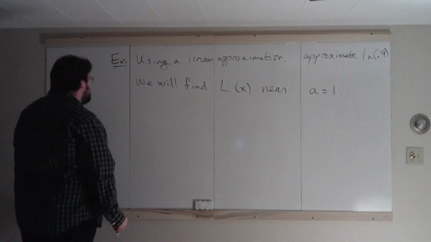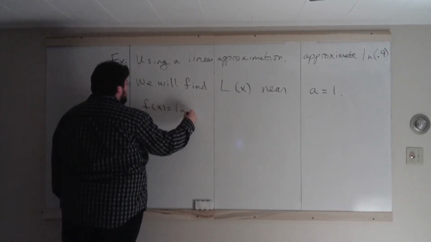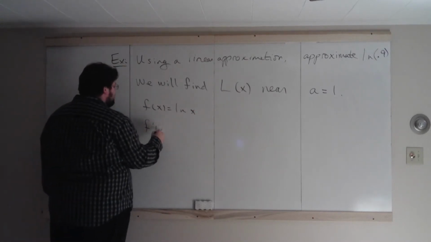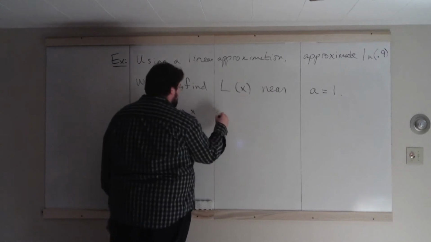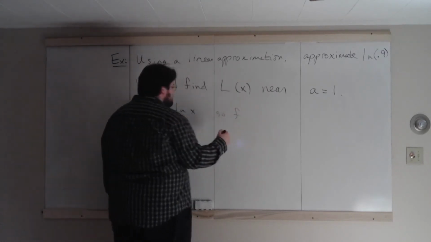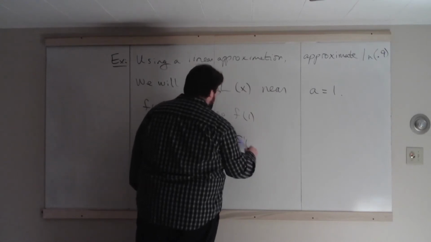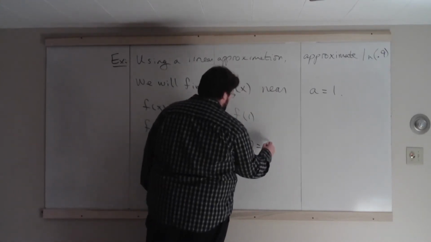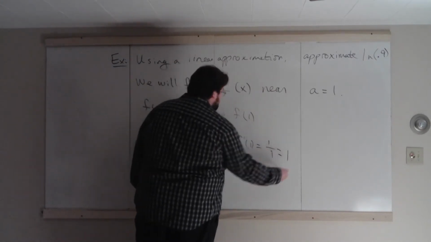So let's find that. Well, f of x is log x, so f prime of x is 1 over x. In our linear approximation formula, we need f at 1, and f prime at 1. F prime at 1 is 1 over 1, which equals 1.